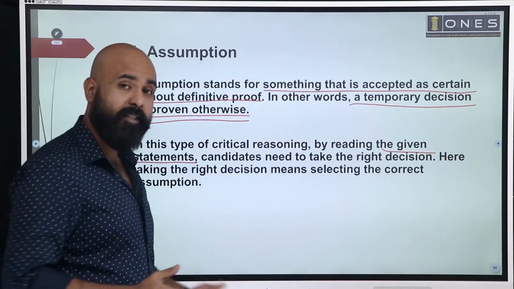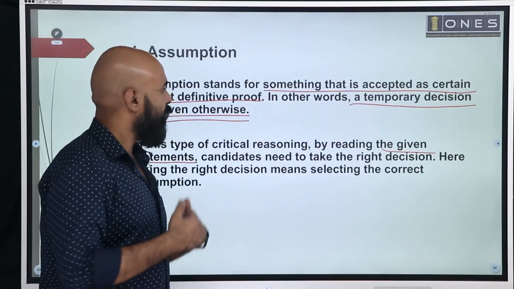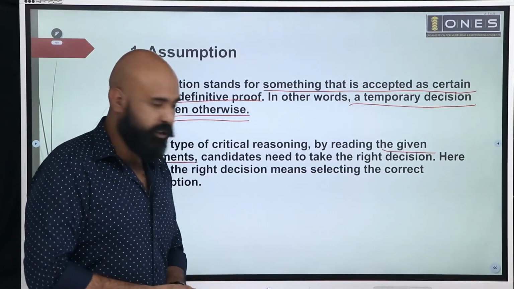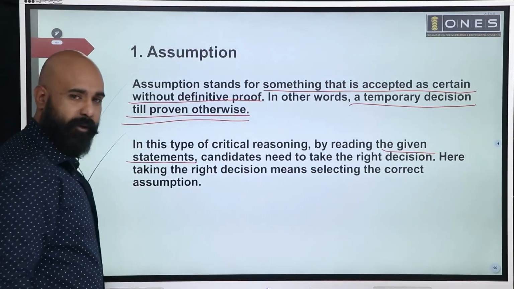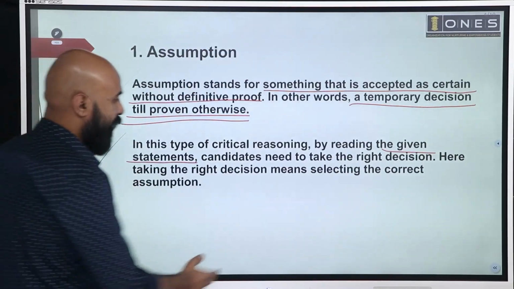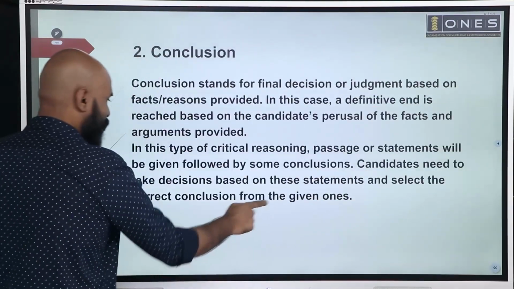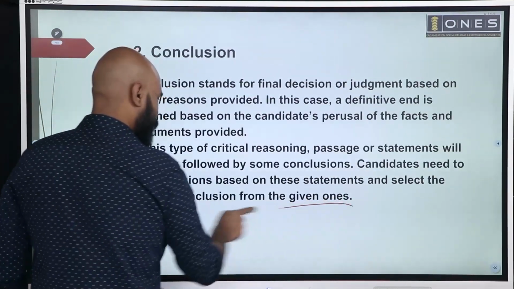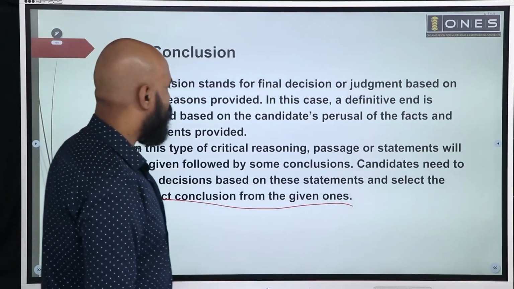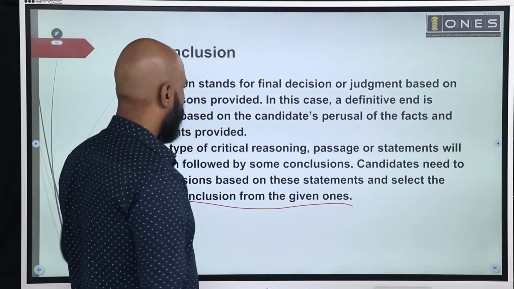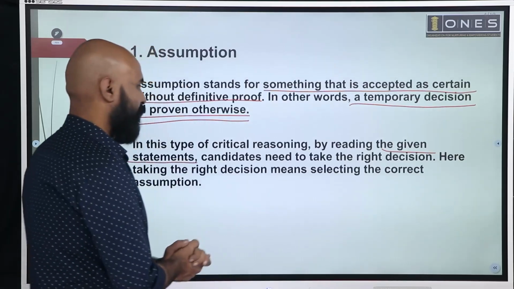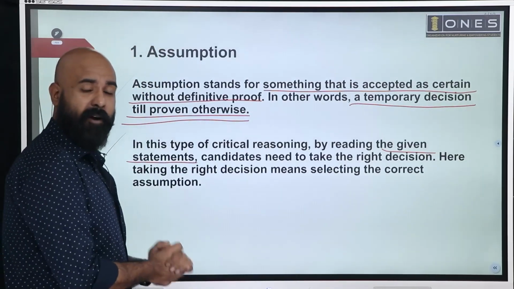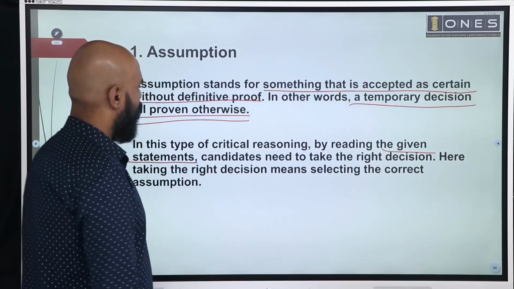So, in simple words, assumption is taking a temporary decision based on the details or the statements provided to you and choosing the right answer or the correct assumption as made by the situation based on whatever is provided to us. Alright? So, that is assumption. Now, let's go to the next one.